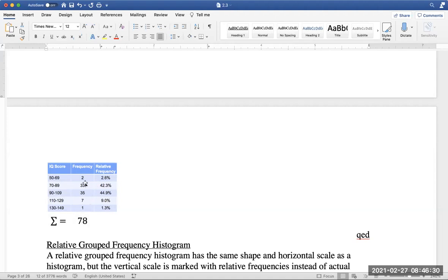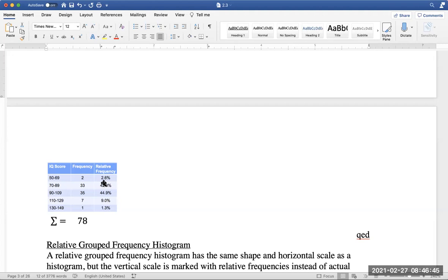And so, add the frequencies up, you get 78. So let's divide 2 divided by 78, and I'll write it as a percentage, 2.6%.